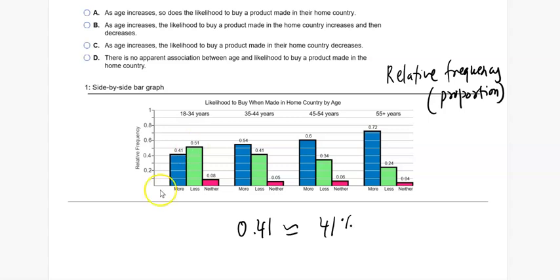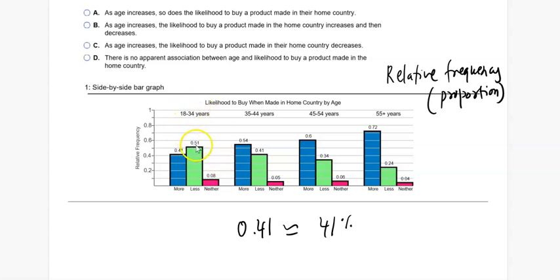In other words, in that age group, the people between 18 to 34 years old, 41% are more likely to buy the product if they see the ad that it is made in their own country. So 0.41 is the proportion, but 41 is the percentage.